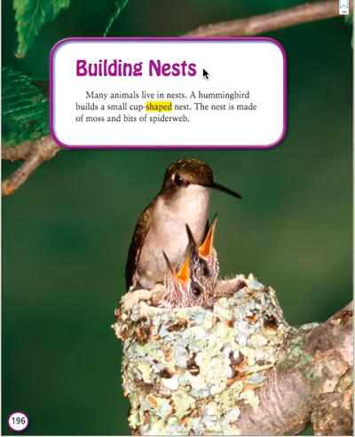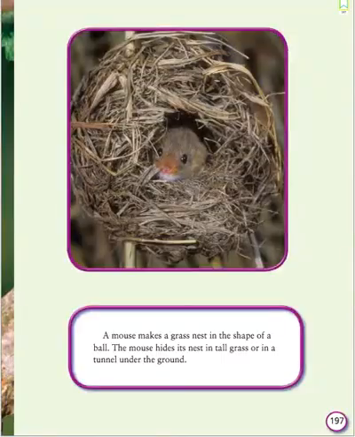Building nests. Many animals live in nests. A hummingbird builds a small cup-shaped nest. The nest is made of moss and bits of spider web. We have a photograph of that right here. So what I want you to notice is right here in this next purple box, there is not a heading.